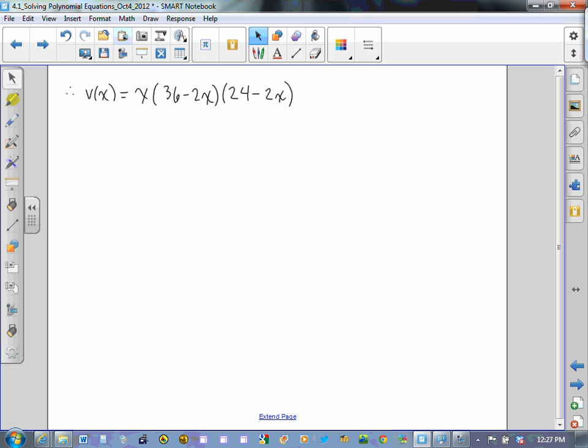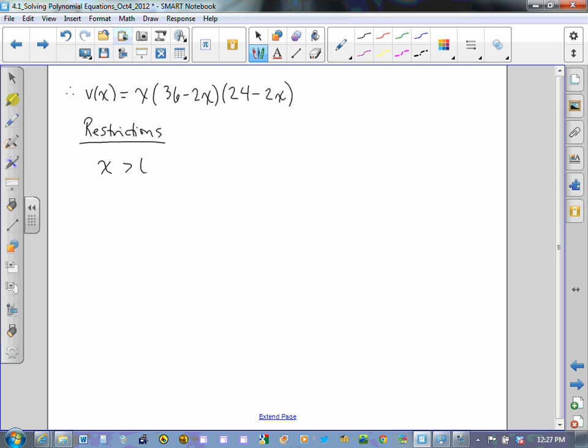Okay, so restrictions on the value of x. Well, I think it stands to reason that x must be positive.